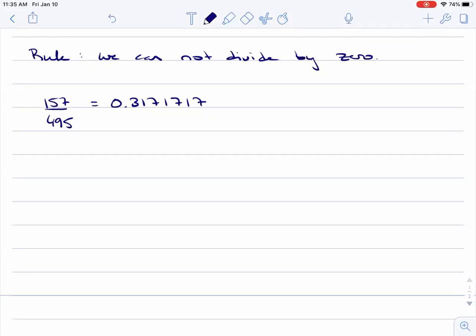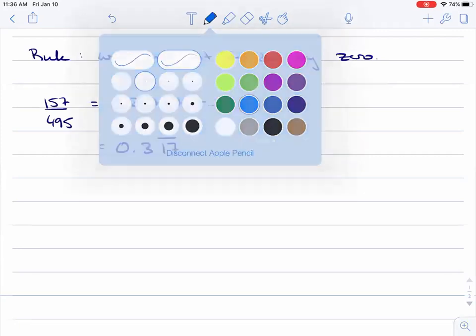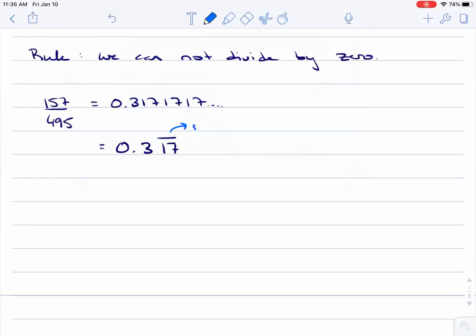So how we should write this is 0.3, and then it just keeps repeating 171717. So what we do is write 17, and then we put a bar over it to show that it's repeating.